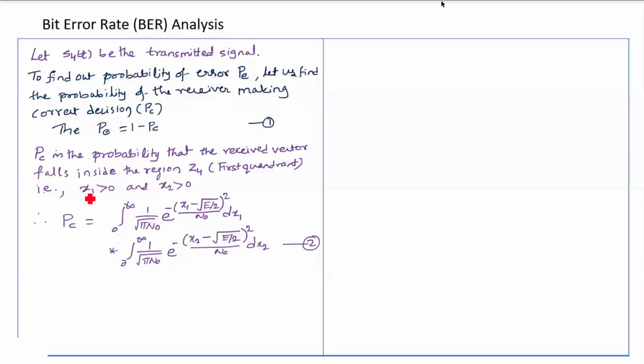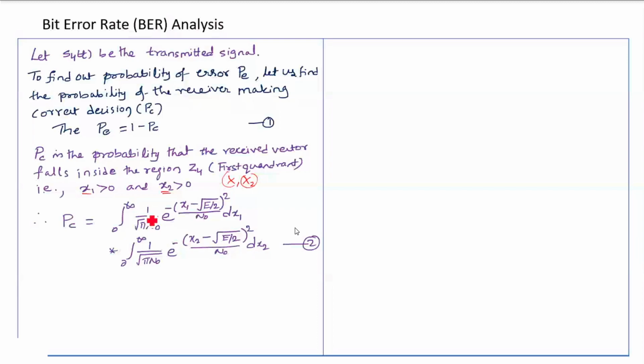You can see this x1 and x2 are the sample values of random variables X1 and X2, which are statistically independent. Capital X1 and X2 are statistically independent, and there is a reason why. The probability of making a correct decision is the integral from 0 to infinity of the probability density function, 1 by square root of pi N0, e to the power minus (x1 minus square root of E by 2) whole square by N0, dx1.